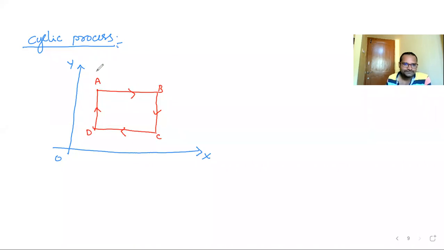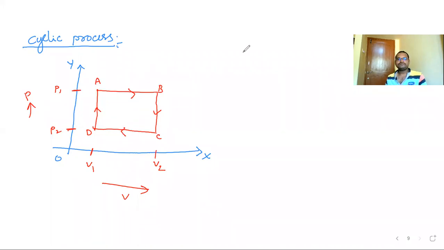Now let us imagine the pressure at this point is P1. At this point, the pressure is P2. This is the pressure axis, and this is the volume axis. Let us suppose at this point the volume is V1 and here the volume is V2. Clear? Yes.